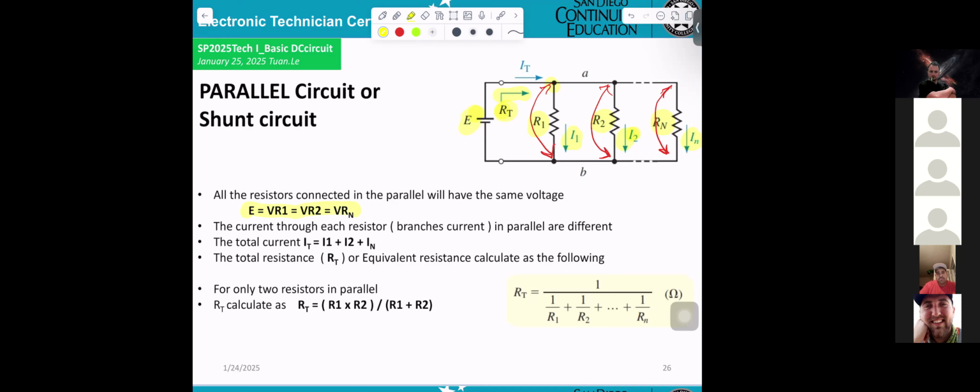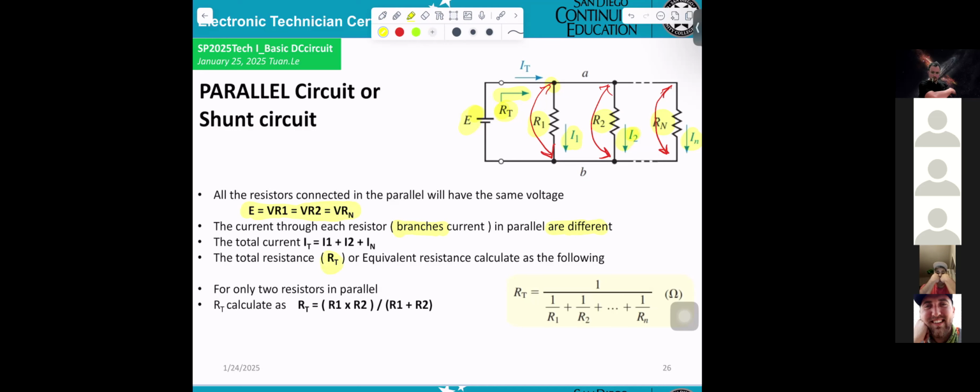E equals VR1, VR2, VR3. The current through each resistor, that we call a branch current, is different in parallel. And the total current will be I total equals I1 plus I2 plus IN.